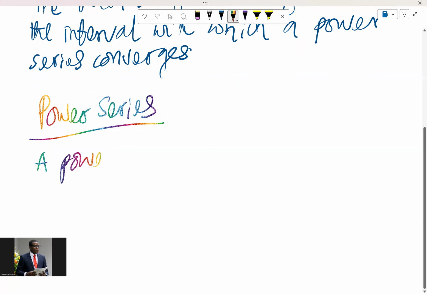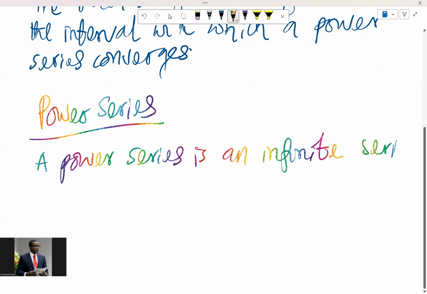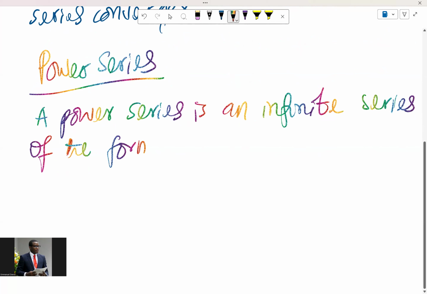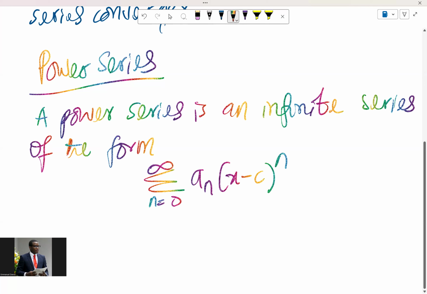So basically, we remember that a power series is an infinite series of the form summation from n equals 0 to infinity, then coefficient a n times x minus the center c raised to power n. Previously I think the n wasn't put there, so let's correct that: a n into x minus c raised to power n, not just x minus c.